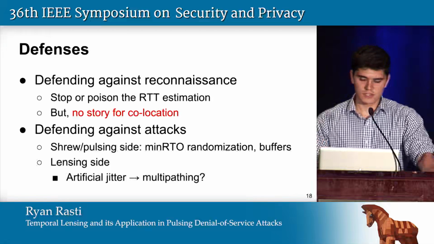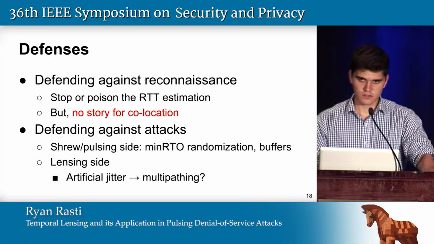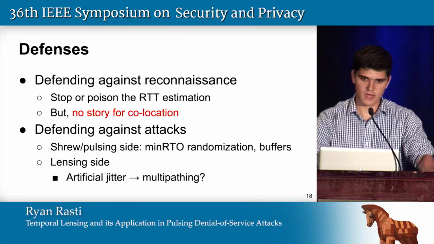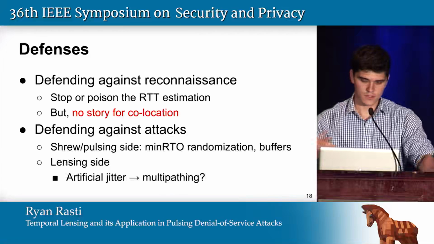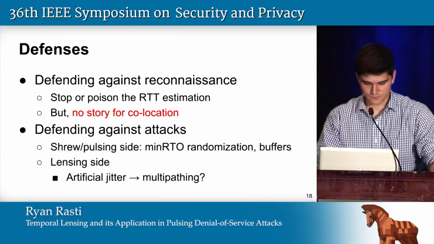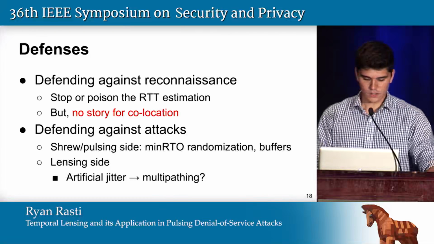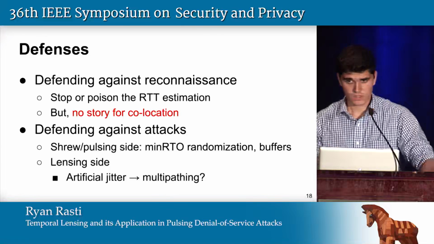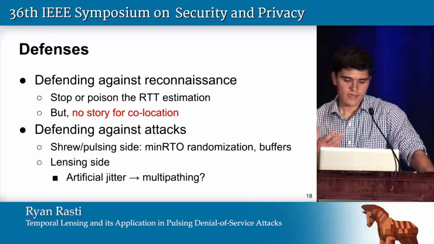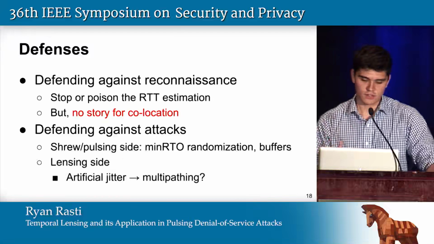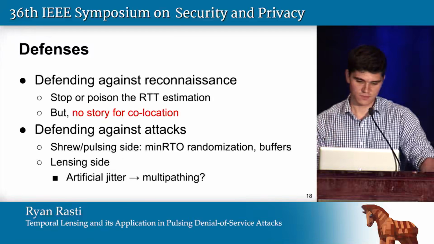And that's obviously a no-go for regular traffic, but we do note that multipathing actually has a very similar property here, where it's almost as if we're adding artificial jitter if the attack traffic takes these different paths.